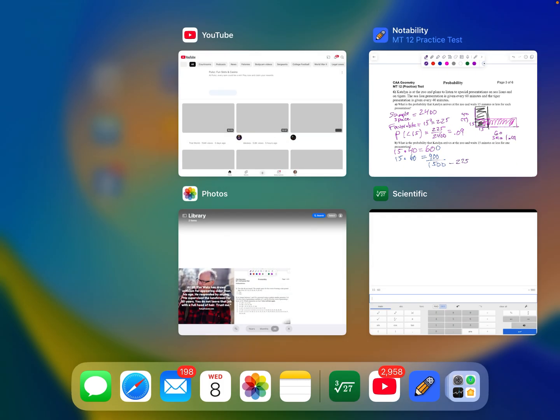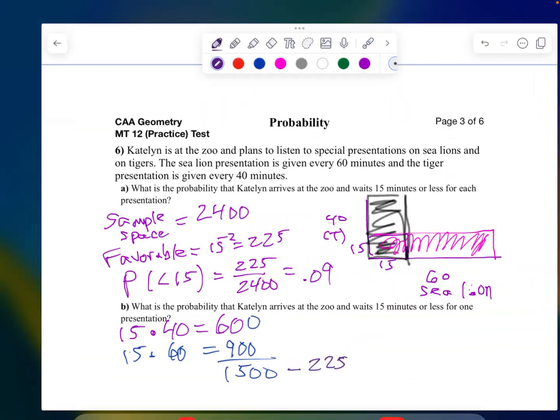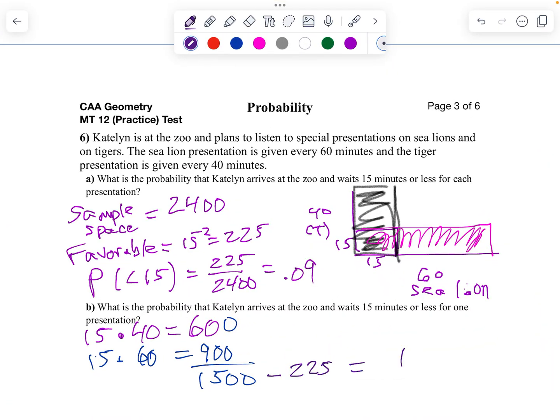So 1,500 minus 225, and I'll get 1,275. So then that's the area of that whole rectangle that would be waiting 15 minutes or less for one of them.